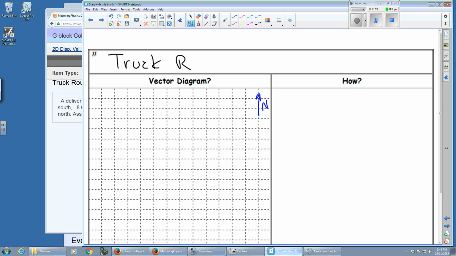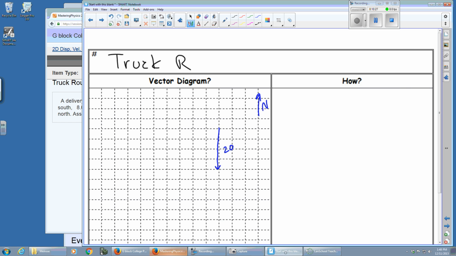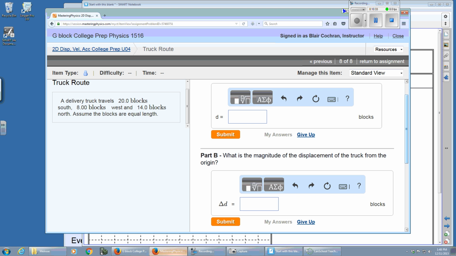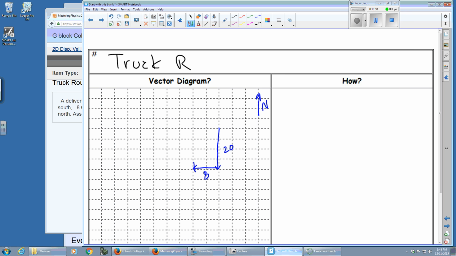I'm going to go 20 blocks south. Then I'm going to turn and go 8 blocks west. And then I'm going to go 14 blocks north. And then I realize, oh, I drew it really small, so I'm going to redraw it bigger.